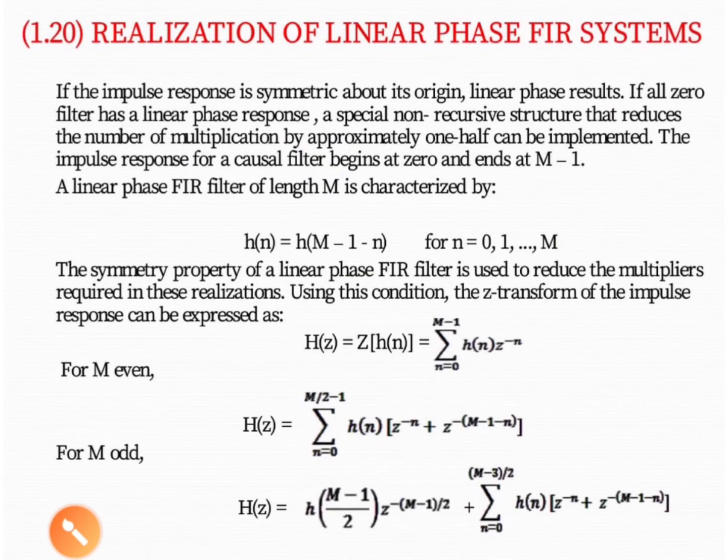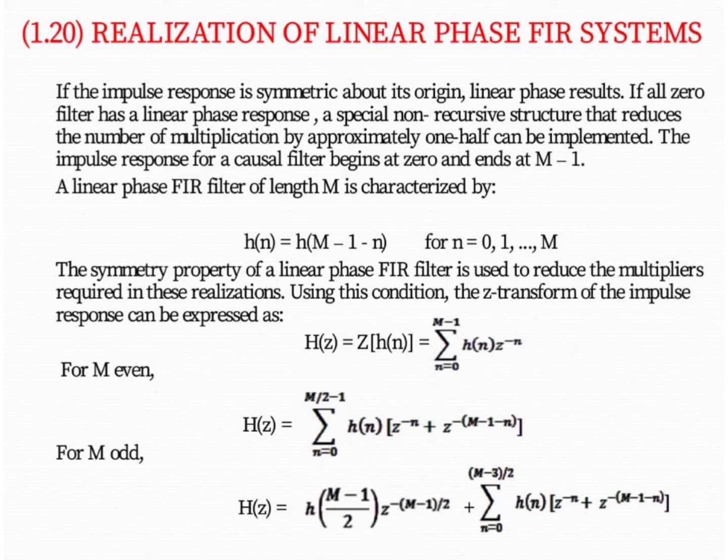Now moving on, realization of linear phase FIR system. FIR system has one important property, that is linear phase property. What is linear phase here? If the impulse response is symmetric about the origin, then that particular system has a linear phase.